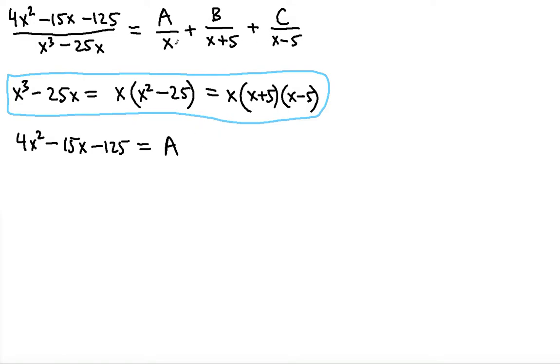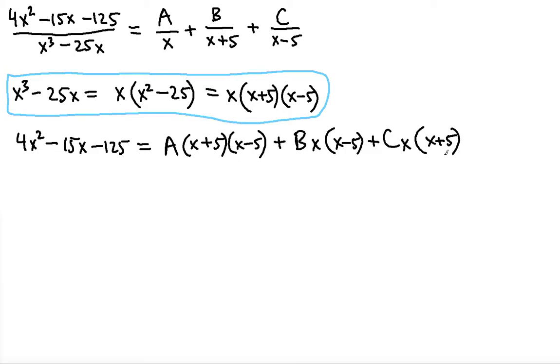These denominators except its own, right? So x plus 5 and x minus 5, like that. And the same thing for b and c, right? So the b multiplies all the factors except its own. So it's going to be x times x minus 5. And then the c multiplies all the factors except its own. So x times x plus 5.